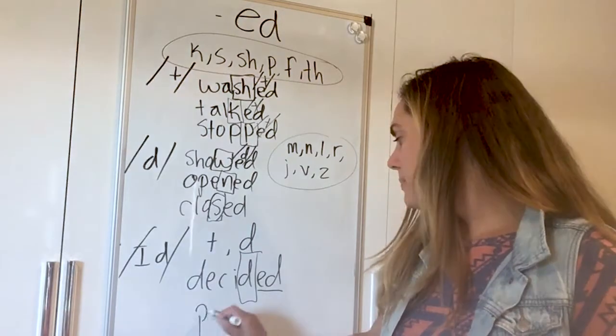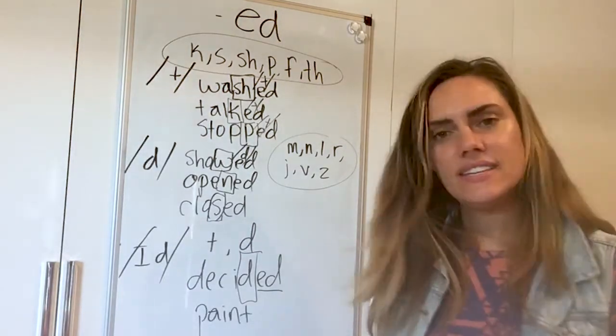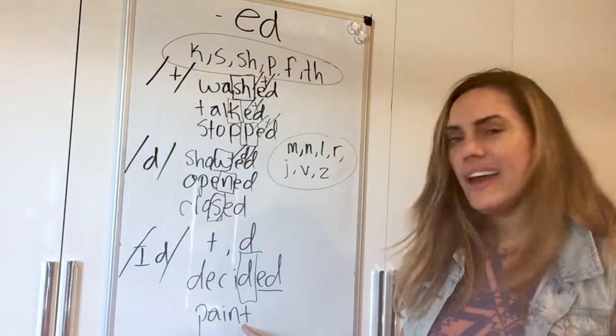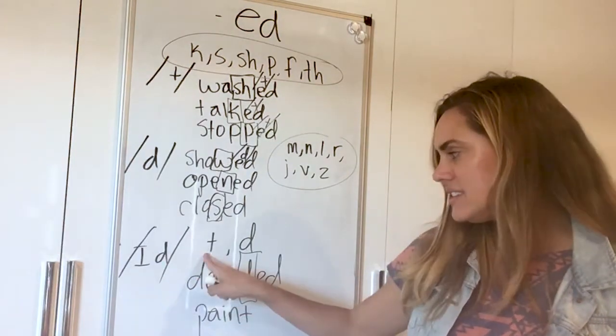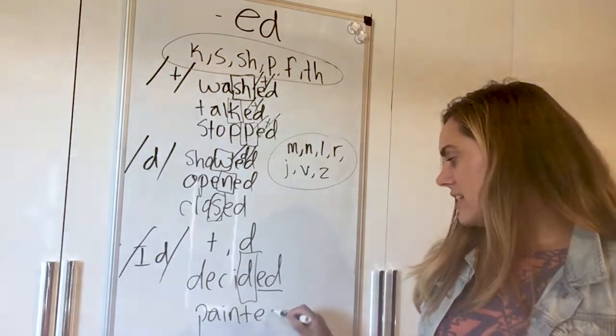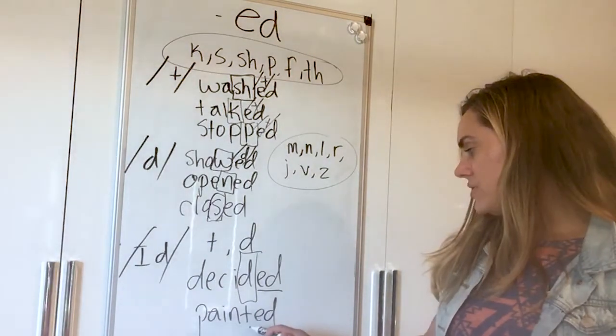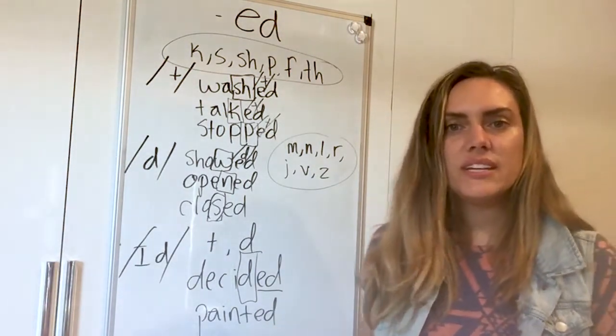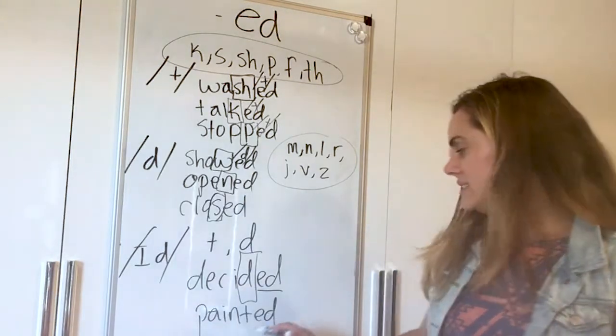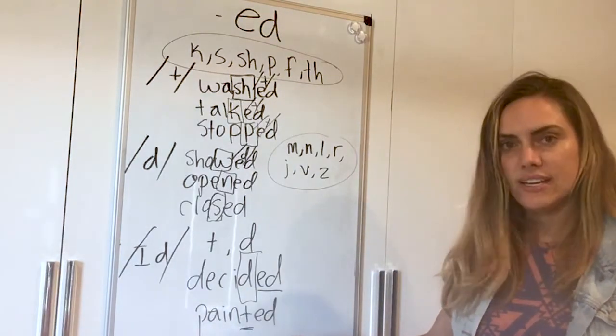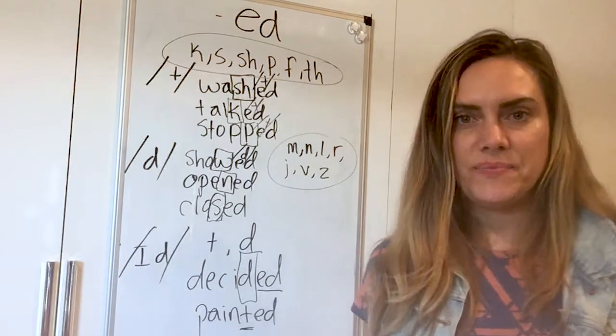Or here's another one. Paint. It ends with a t. Yeah, it's voiceless, but it's a t. So when it ends with a t and I add -ed, I'm just going to make this sound id. Painted, okay?